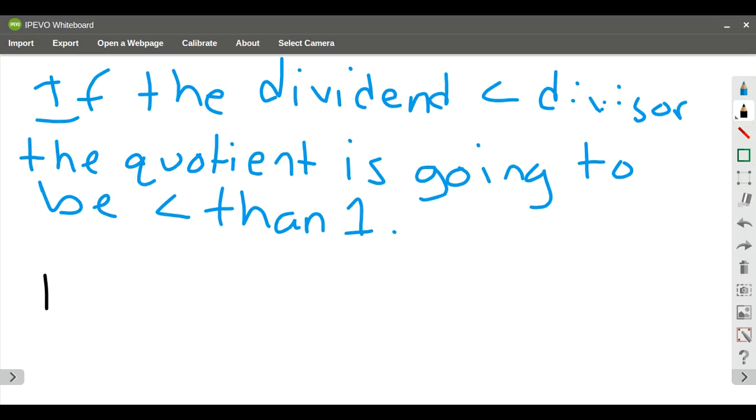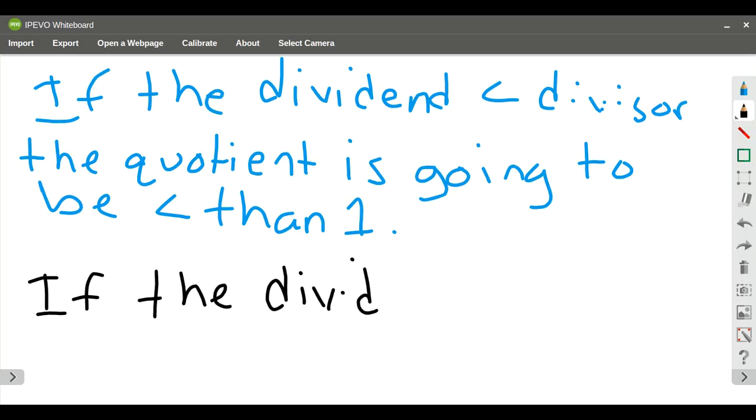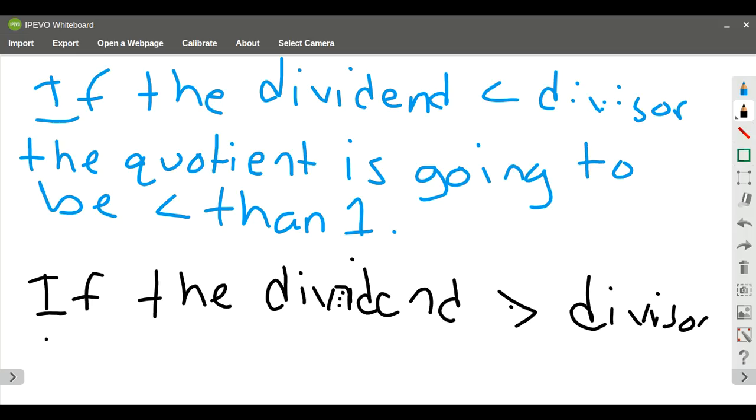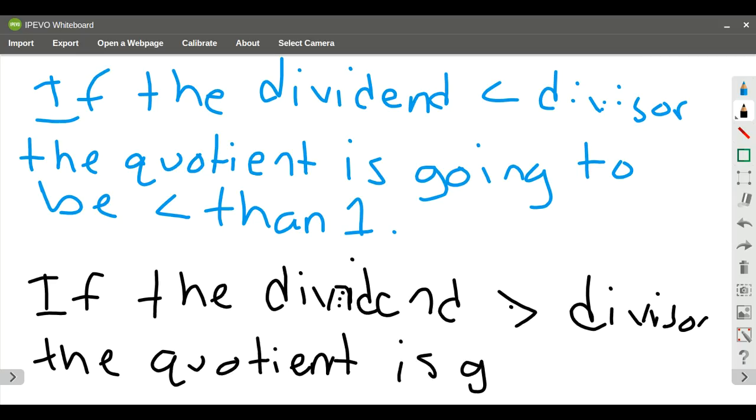If the dividend is greater than the divisor, then the quotient is going to be greater than 1.